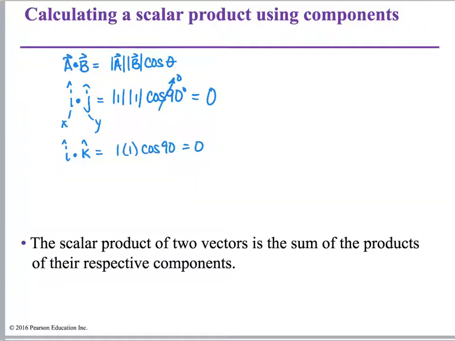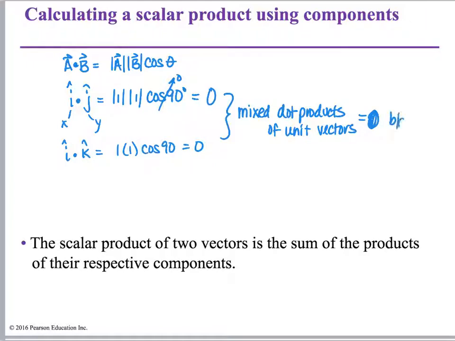So what we're going to quickly figure out is all the mixed dot products of the unit vectors equal 0 because they're all perpendicular to each other.